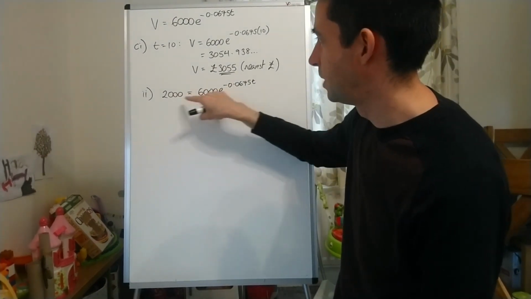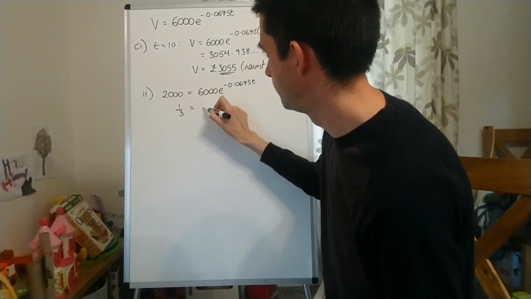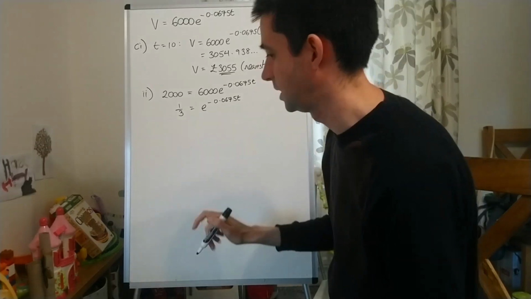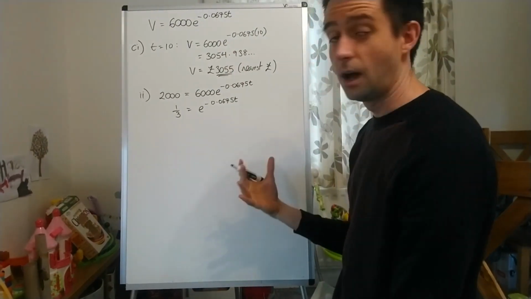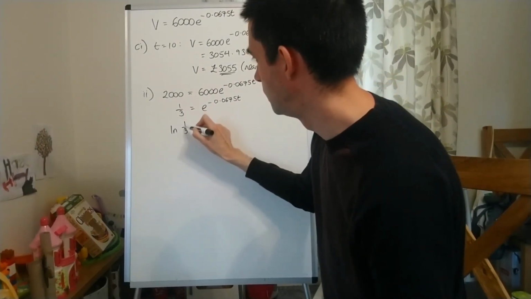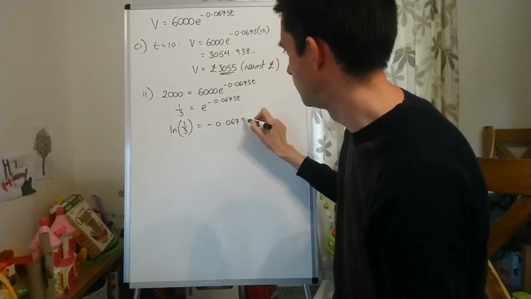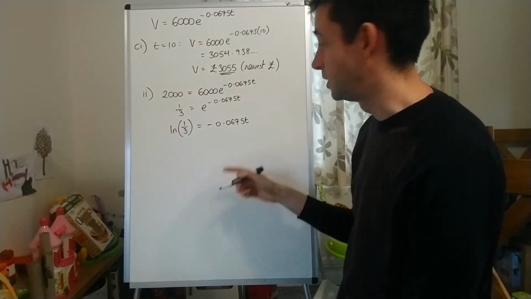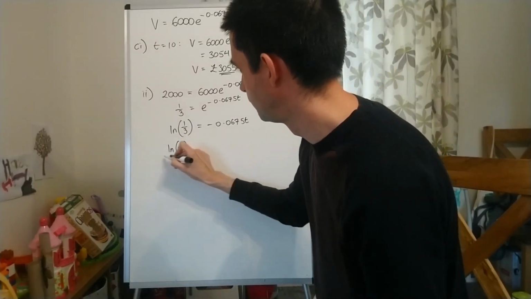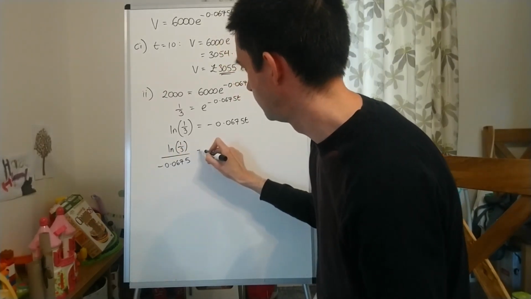So dividing by the 6,000 to start off with, I'm going to simplify that to 1/3 equals e to the negative 0.0675t. I've now isolated e, which means I can ln. So ln of 1/3 is negative 0.0675t. So to find out the value of t, I'm just going to divide ln of 1/3 by negative 0.0675.